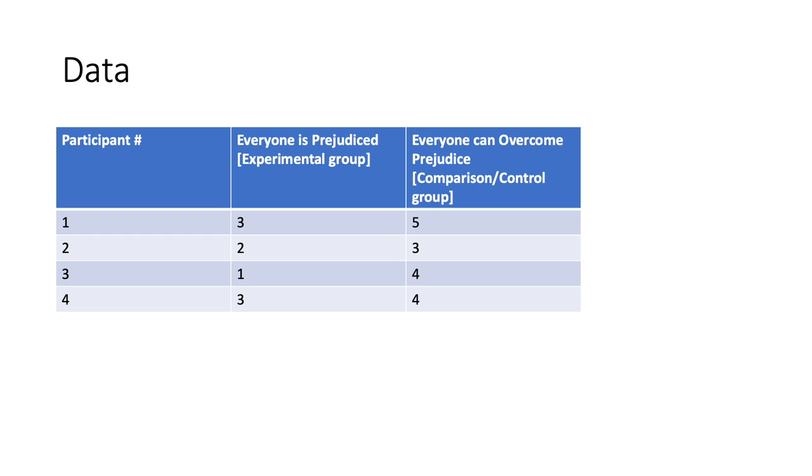When that same person read the everyone can overcome prejudice article, they gave us a 5. Participant 2, 2 and 3. Participant 3, 1 and 4. Those are beliefs in their own free will over their prejudice. And participant number 4 gave scores of 3 and 4. So we're going to be calculating the same things we did last time, and we're going to have to enter this data into SPSS.